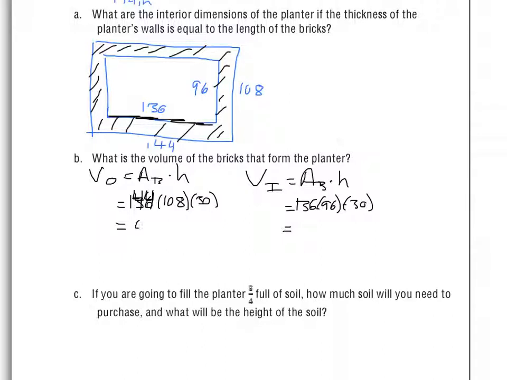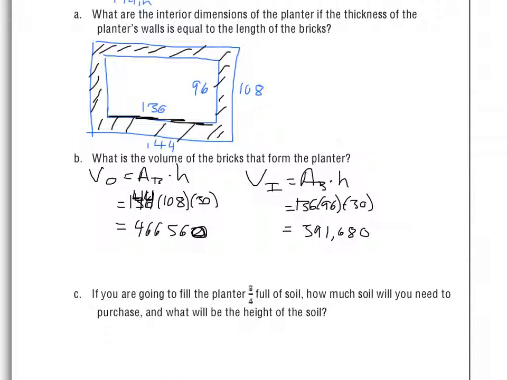And for this one, I get 466,560. And for the second one, I get 391,680.